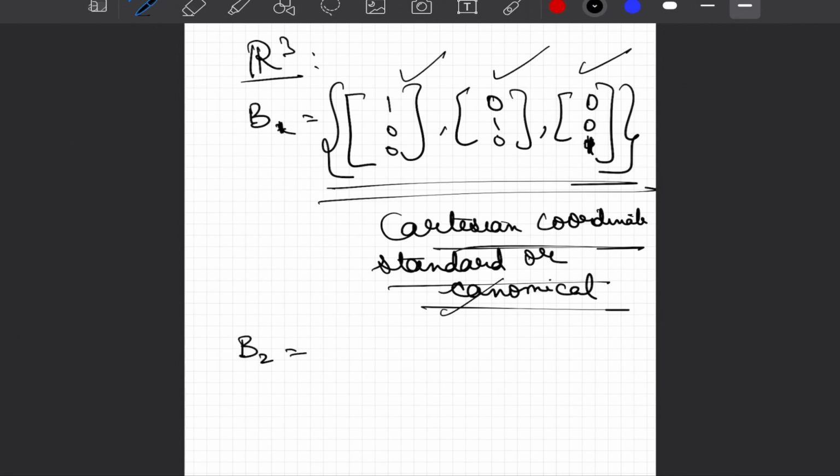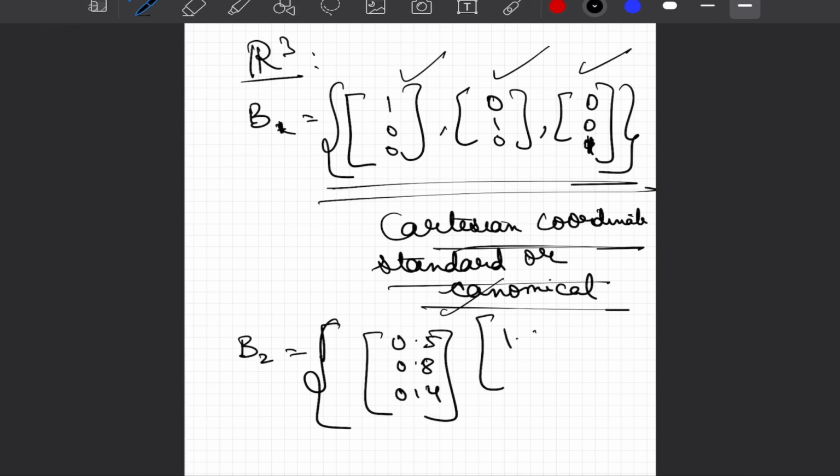But there could be other vectors. For example, consider the set of these three vectors, represented by (0.5, 0.8, 0.4), (1.8, 0.3, 0.3) and (-2.2, -1.3, 3.5).